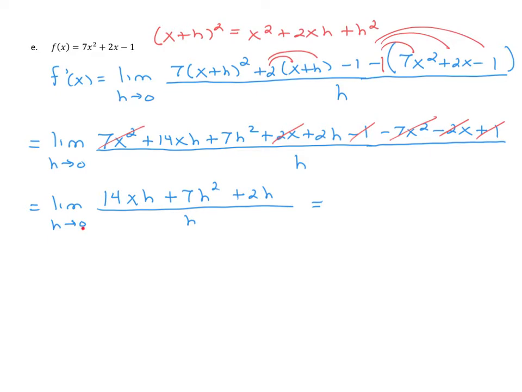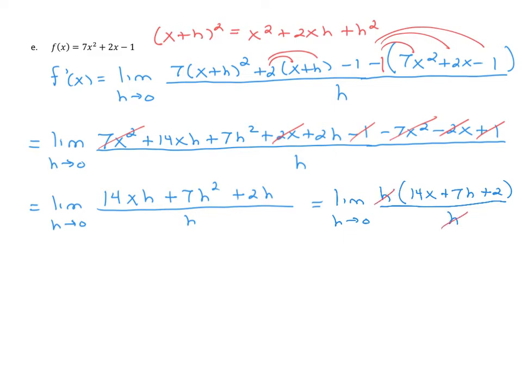This is great because there's at least one h in all three terms, meaning I can cancel the h from the denominator. So this is the limit as h goes to 0 of, my numerator is equivalent to h times 14x plus 7h plus 2 all over h.